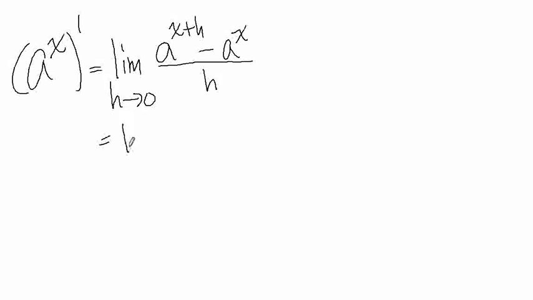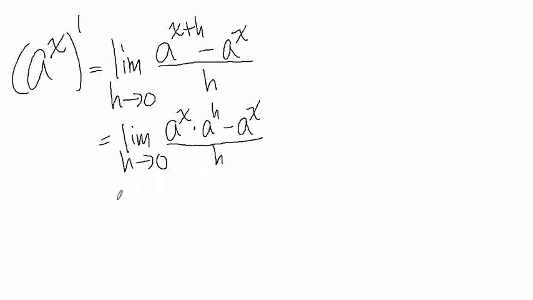Now we can write a to the x plus h as a to the x times a to the h. And now we can factor out a to the x from the numerator.